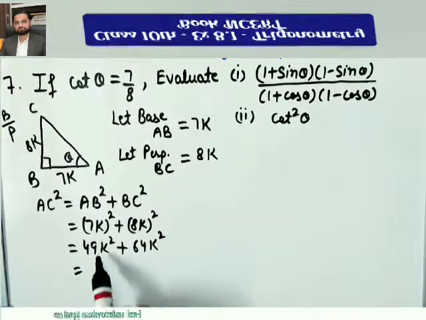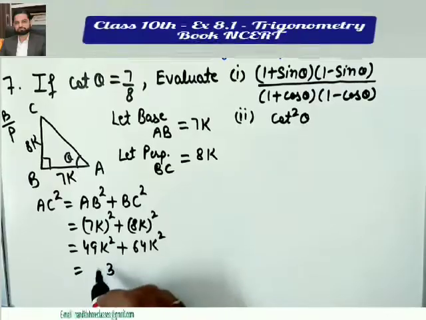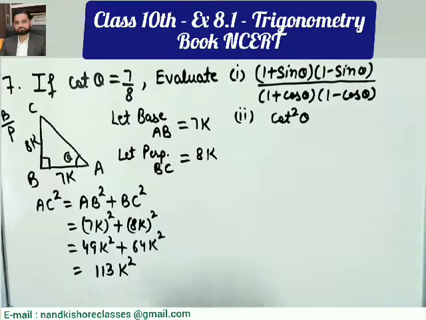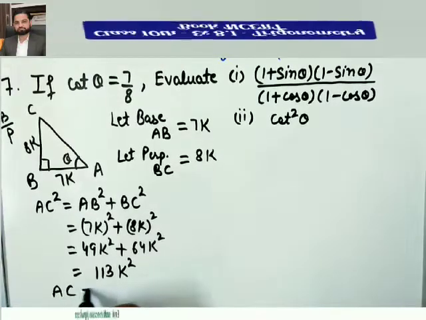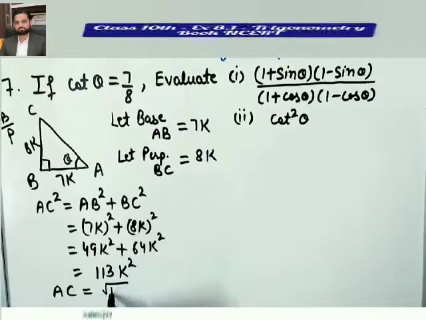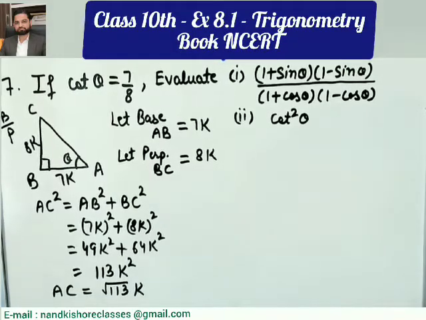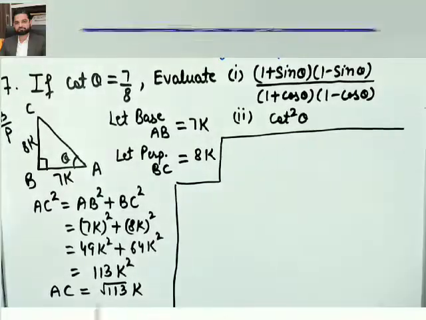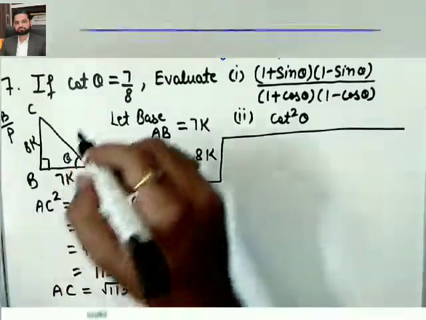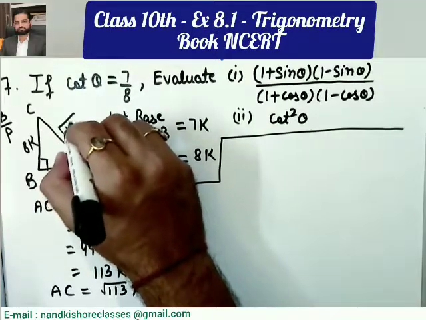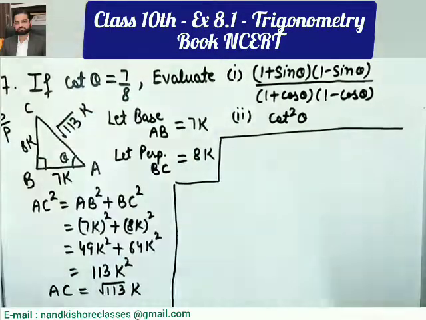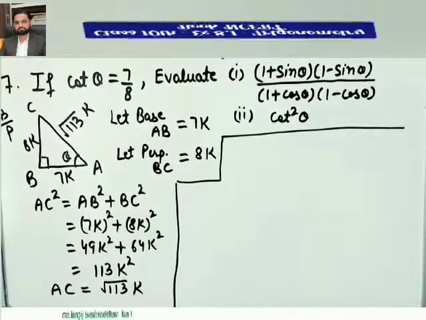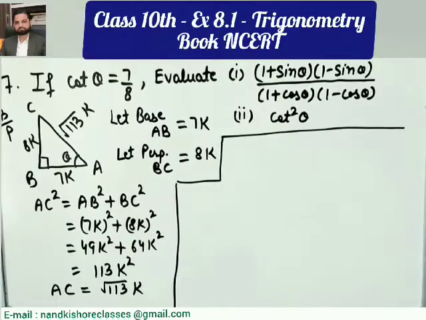Now add these two: 9 plus 4 is 13, 7 plus 4 is 11, so 113k square we get. Finally taking square root on both sides, the value of AC will be root 113k. So I hope you are clear with this. Till now we have found all the sides of the triangle. This side has become under root 113k.